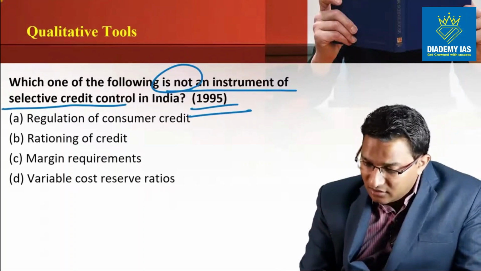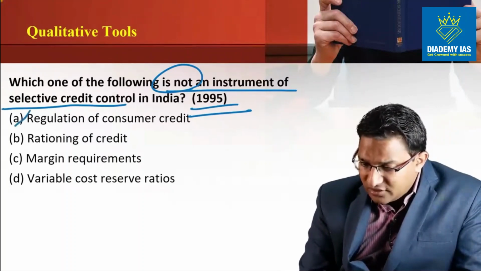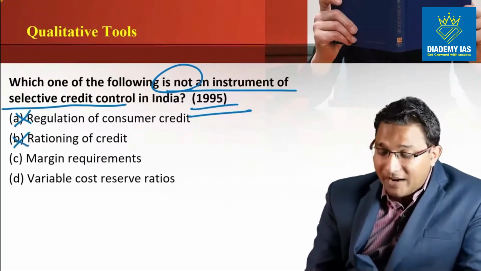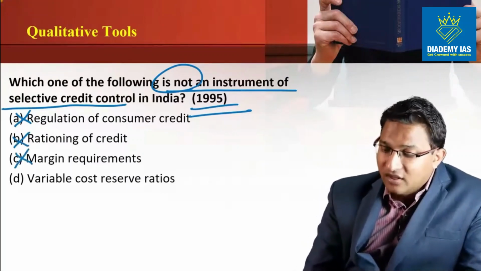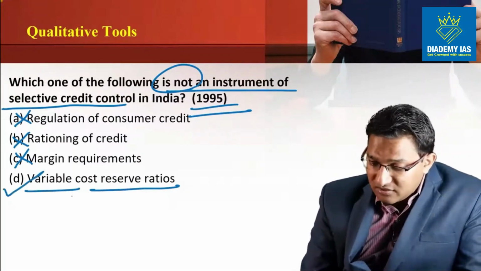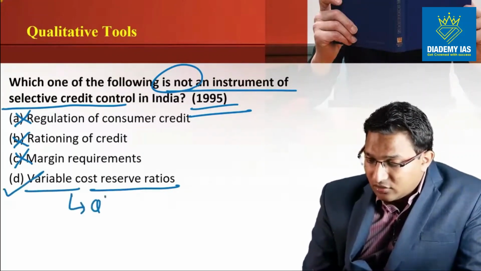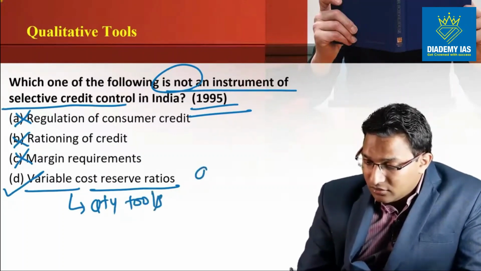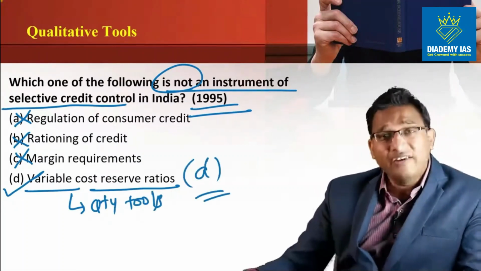This is a tool, therefore this is not the right answer. Rationing of credit, this is also not the right answer. Margin requirement, this is also not the right answer. Variable cash reserve ratios, this is the answer, because this is basically a quantitative tool, right? So the answer is option D. Very easy question.